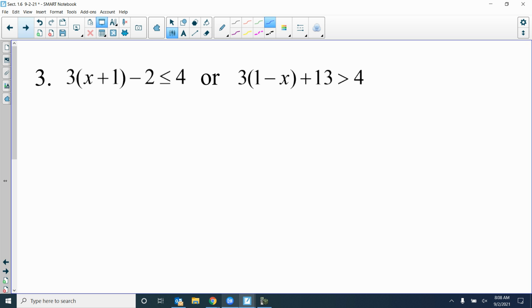All right, so copy that one down for number 3. Go ahead and solve it. Solve the left-hand side, solve the right-hand side.